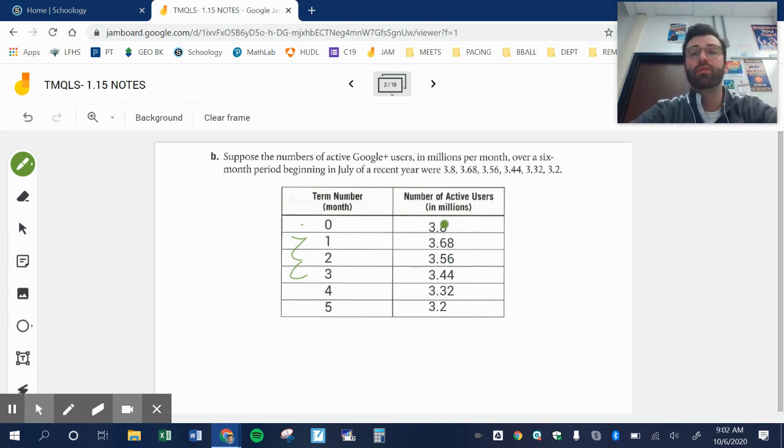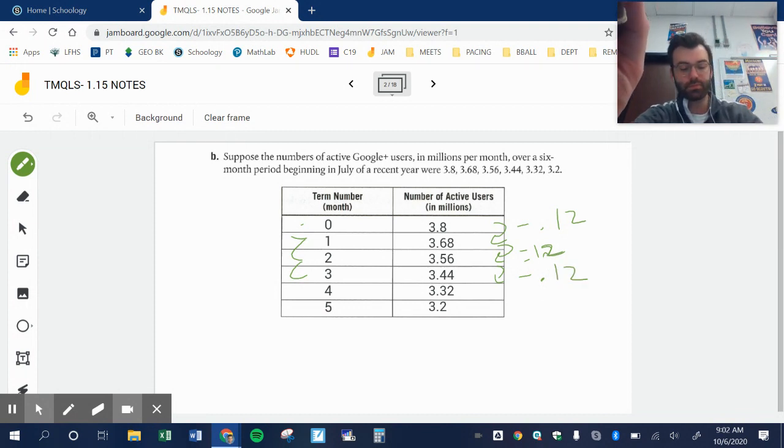If I go from 3.8 and subtract 3.68, it goes down by 0.12. I do the same thing, 3.68 minus this, I get minus 0.12. So I'm decreasing every single time by negative 0.12. So this is going to be arithmetic because there's a common difference.